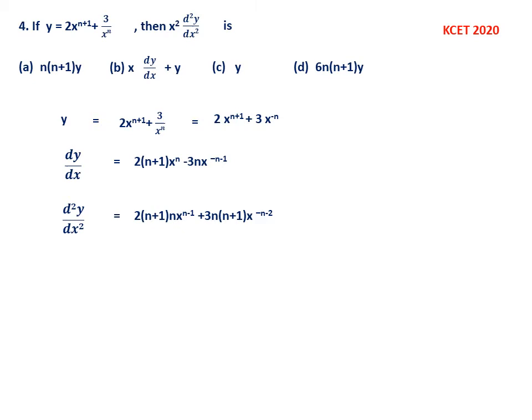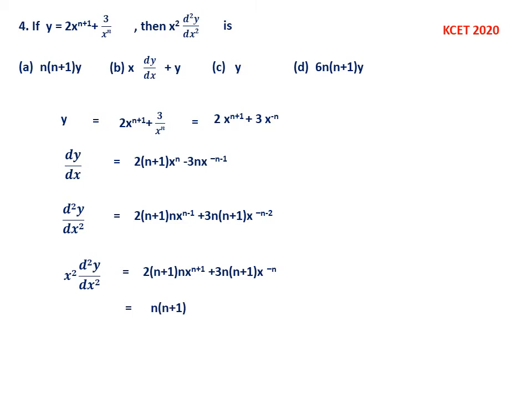Now multiply by x square, because in the expression x square is multiplied to d square y by dx square. Therefore when you multiply, you get x square into d square y by dx square equals 2 into (n plus 1) into n into x power n plus 1, because n minus 1 is the power and when you multiply x square it is n plus 1. Similarly the second one becomes minus n. So 3 into (n plus 1) into x power minus n.